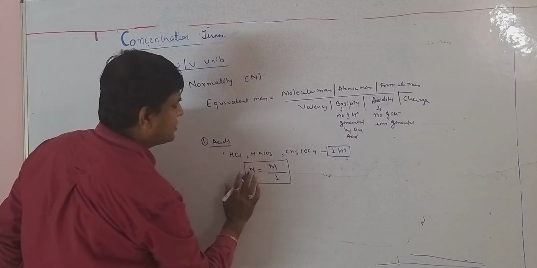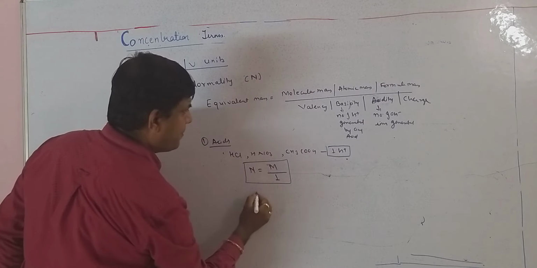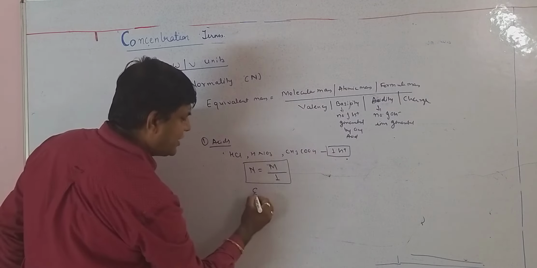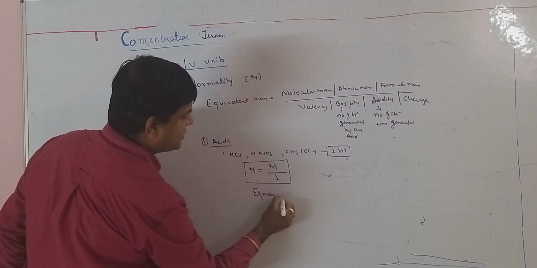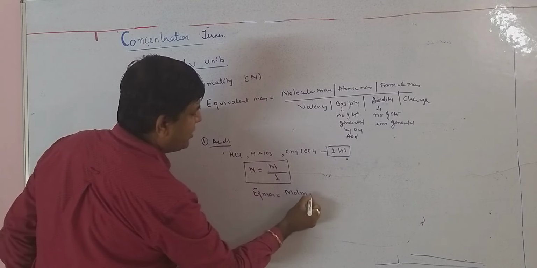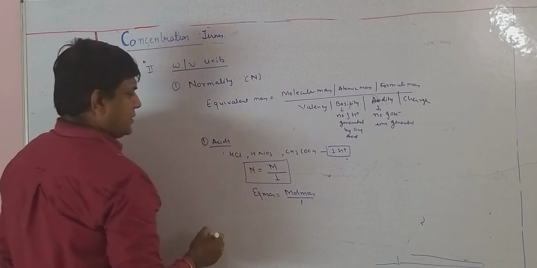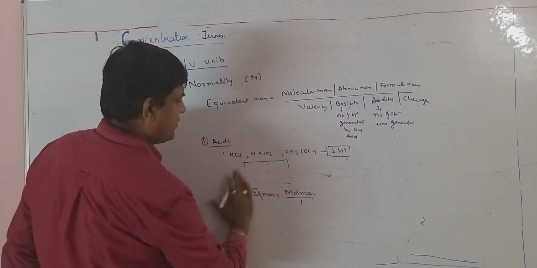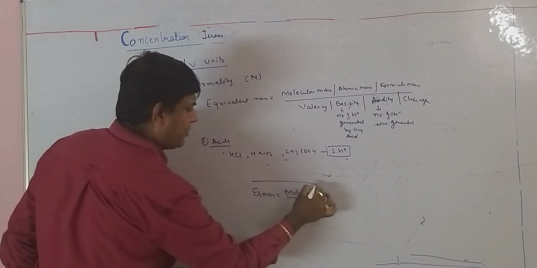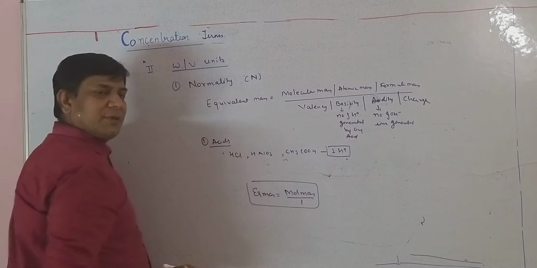Or sorry, my fault. Equivalent mass is equal to molecular mass upon 1. Now see, it's the main formula: equivalent mass is equal to molecular mass upon 1.